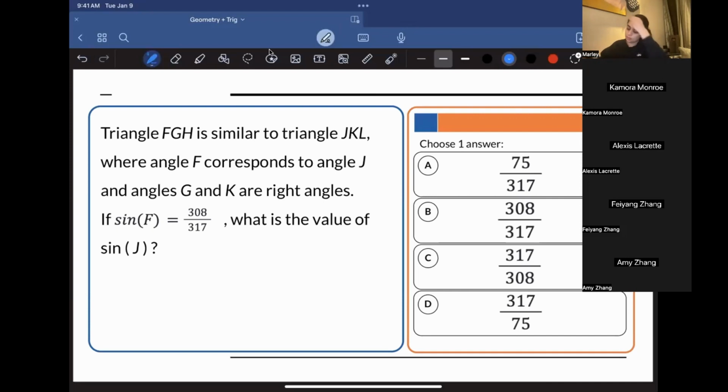All right, so I think it's nice to quickly draw it out. So we have right triangle FGH is similar to right triangle JKL. And so what I like to do is something like this.